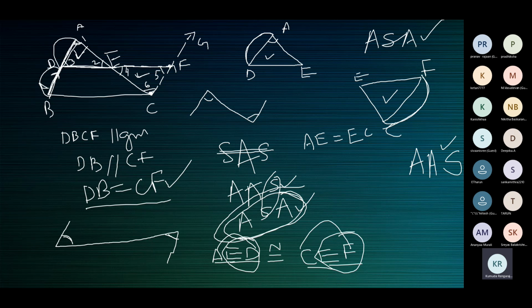Since you already have the three pairs of angles equal, now the other two pairs of sides are ED equal to EF, and this side AD is equal to CF, which is what you get through congruency.